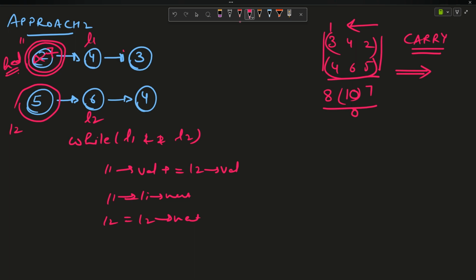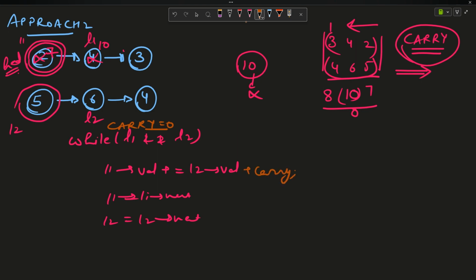This loop will be repeated, and L1 data now becomes 4 plus 6 gives me 10, right? But can a node carry 10? The answer to that is no. I will have to introduce the concept of carry. That's why I taught it. Before the starting of the loop, I will set carry as 0, because in the starting there is no carry, right? And I will say L1 value plus equals L2 value plus carry.